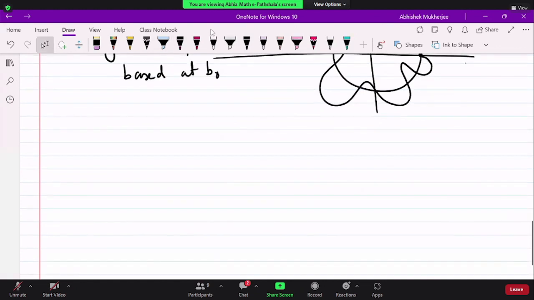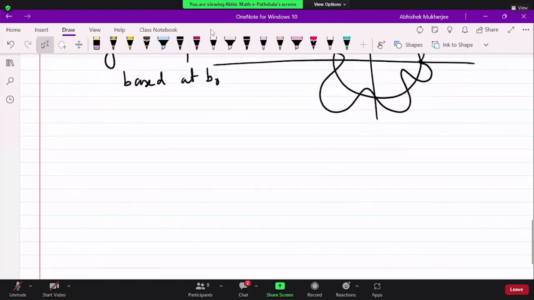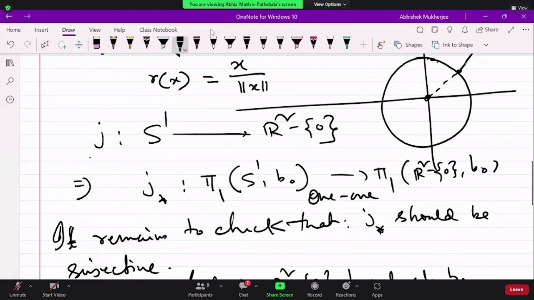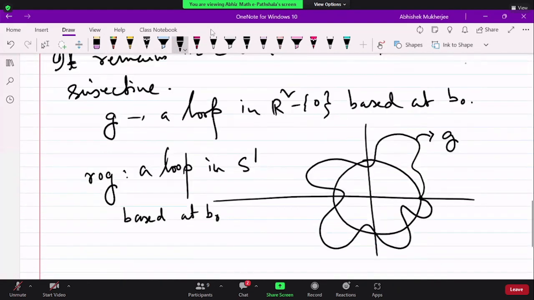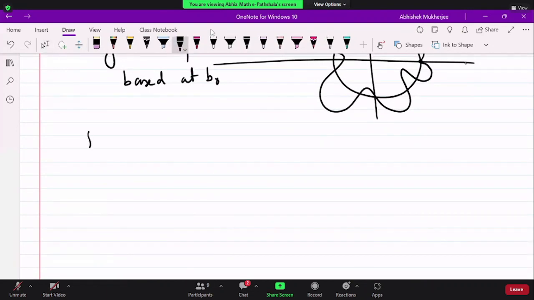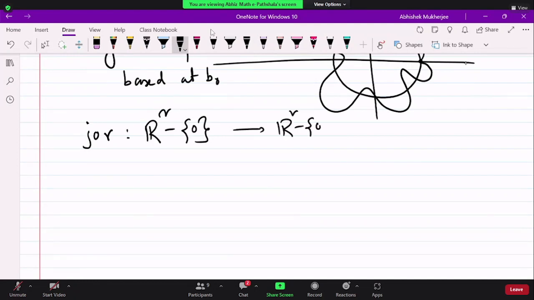Why? Because if you consider the inclusion map here, and we have already the retraction, so you can think of this map J composed R, and this is a map from the punctured plane to the punctured plane, right?